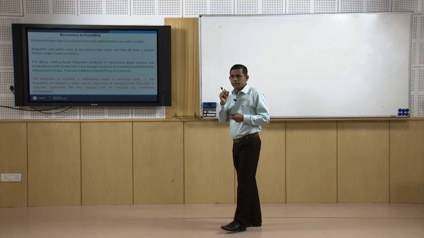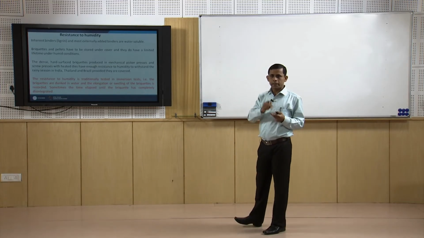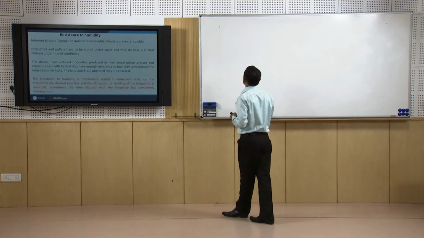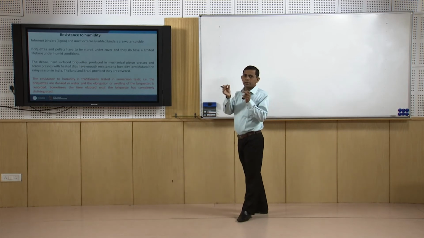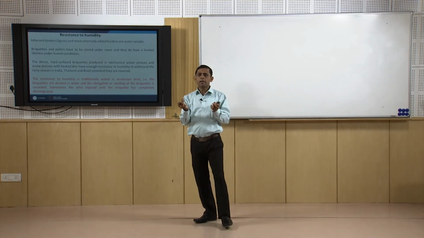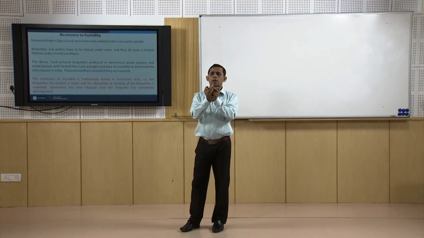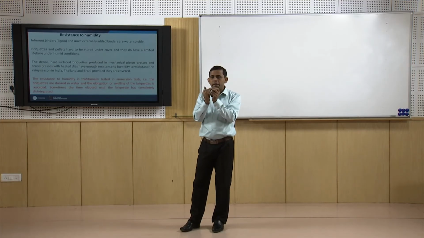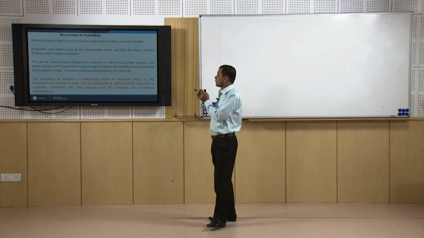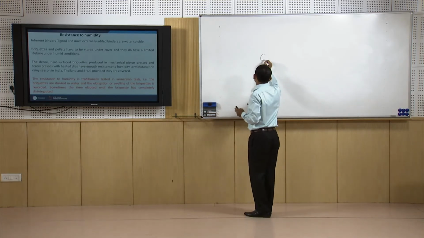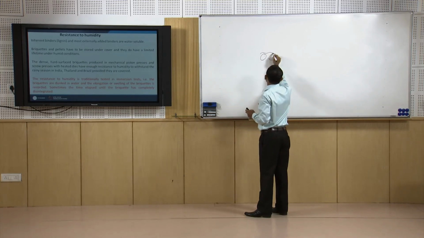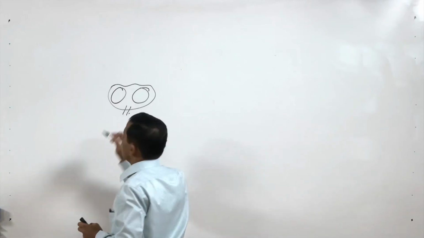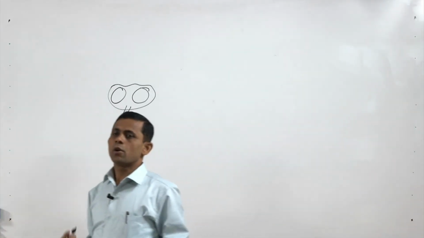Those binding agents, external or indigenous, like lignin, are soluble in water. When the binding agents are soluble in water, the solid particles are not bound or not very close to each other, and their attachment is weakened. That is why it loses the property.